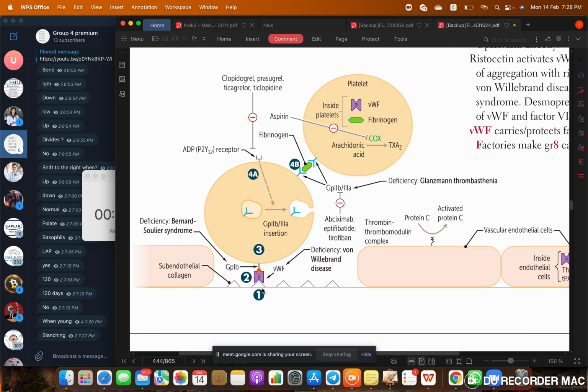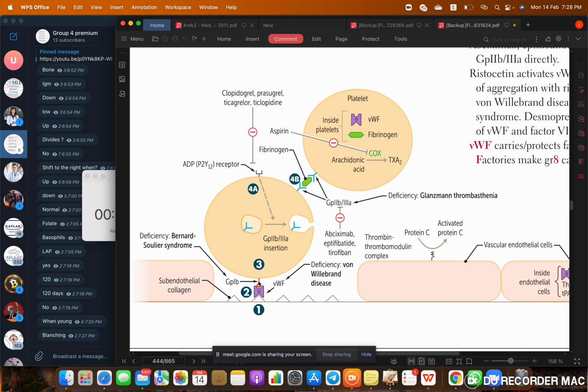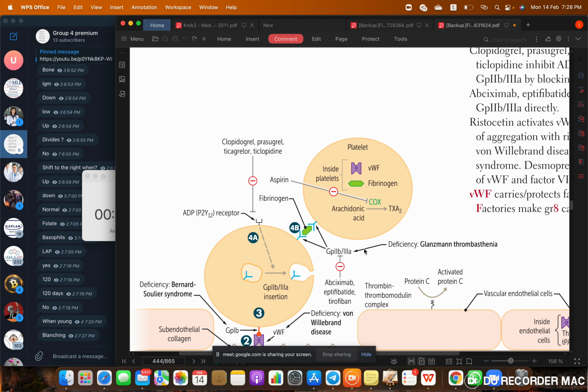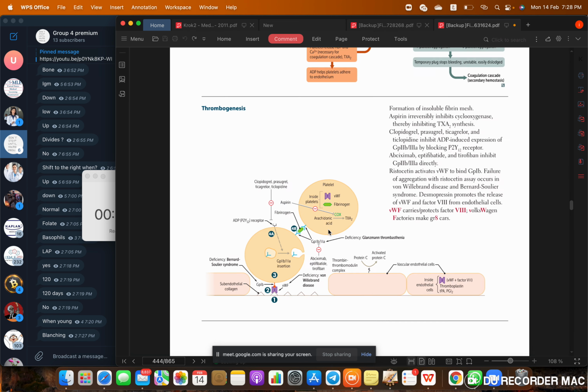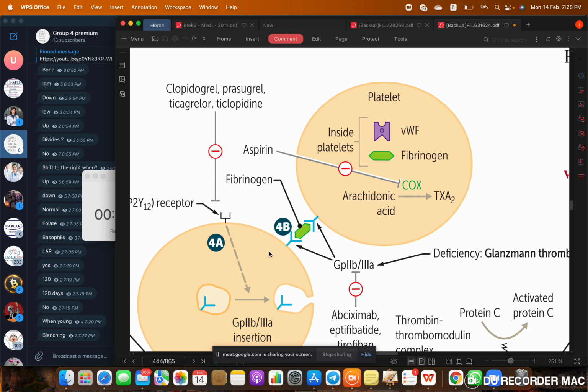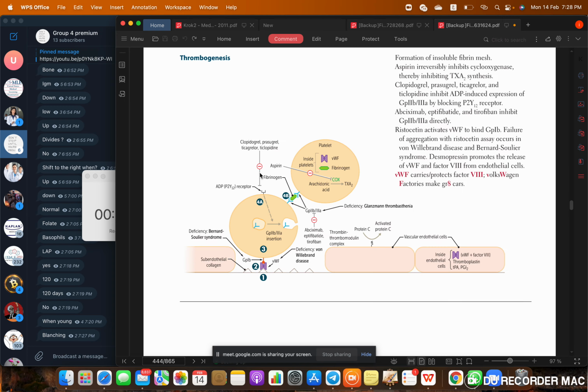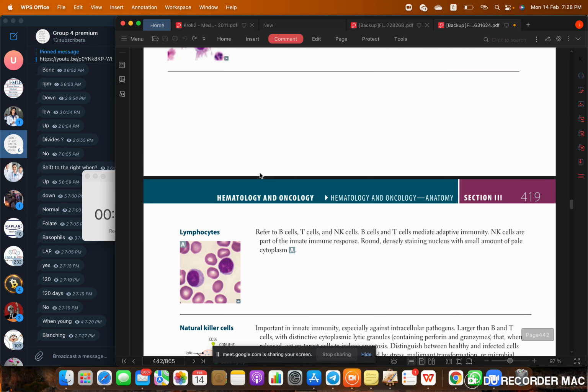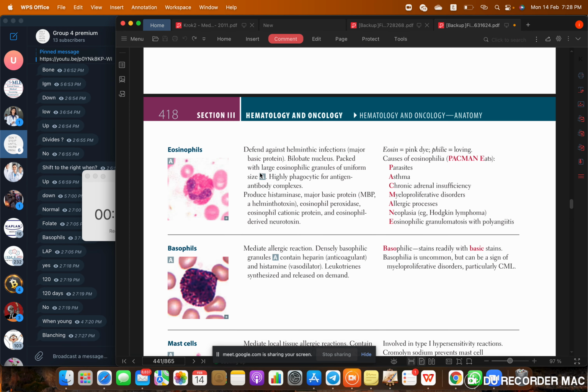It helps binding to the subendothelial collagen. While the GPIIb/IIIa is basically binding two platelets together, which helps in the process of aggregation. And notice, for the sake of them binding together, it needs a particle in the middle known as fibrinogen. Fibrinogen is one of the last parts of the clotting pathway.